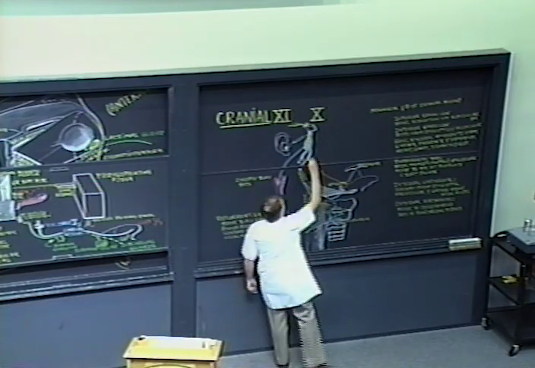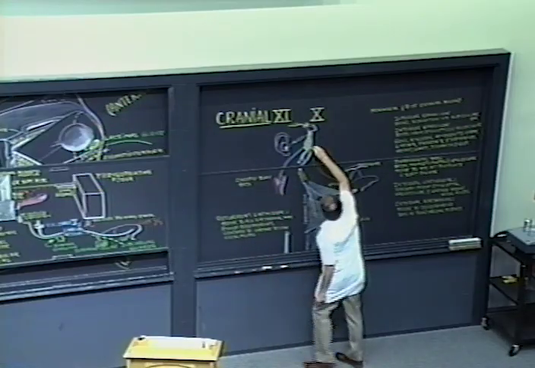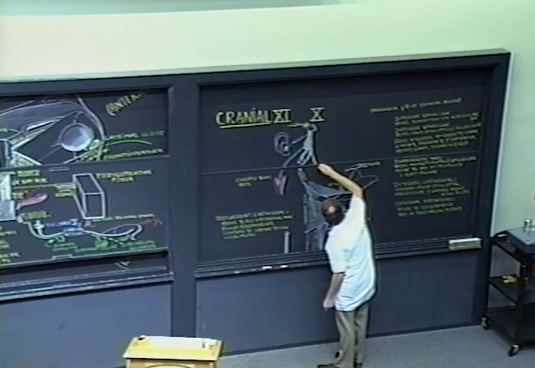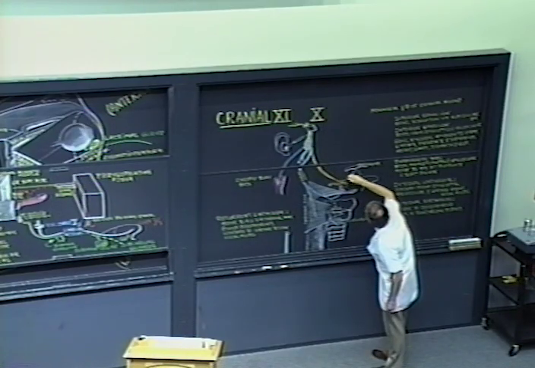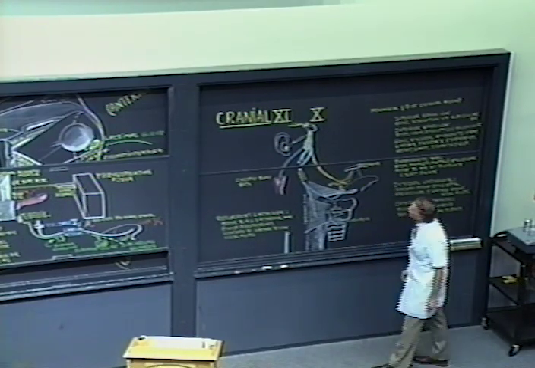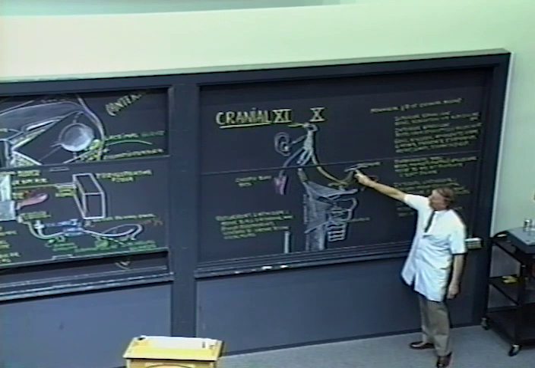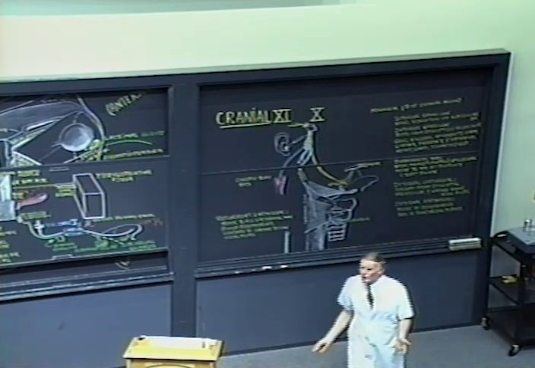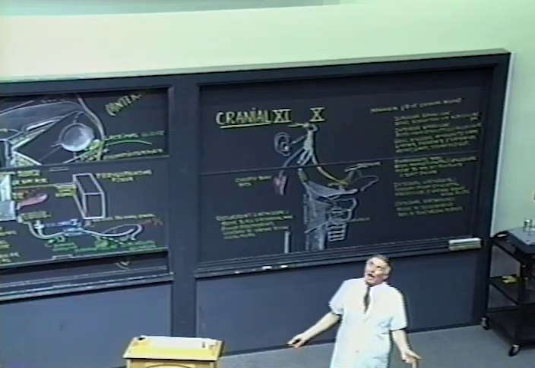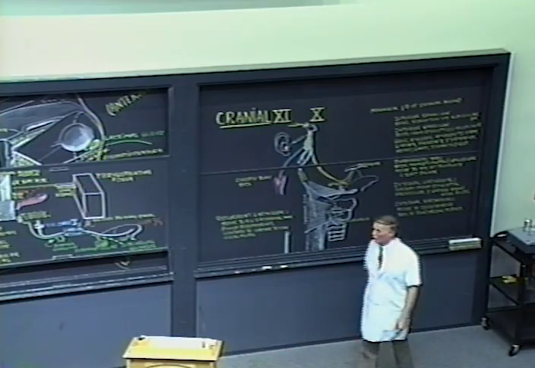These motor fibers provide innervation to muscles of the soft palate, i.e. the musculus uvuli, you know, the little floppy thing like that.